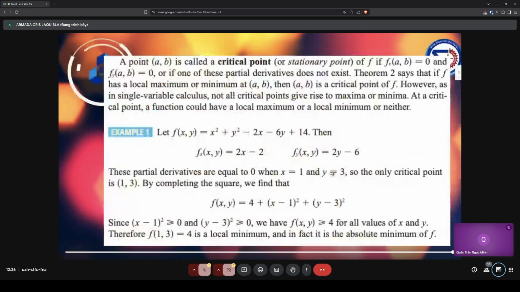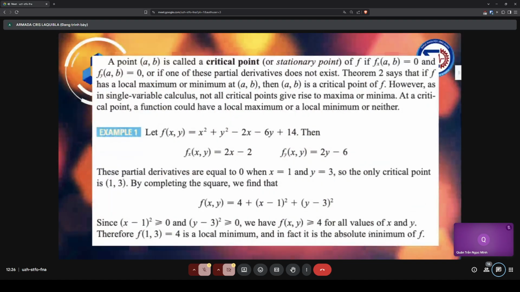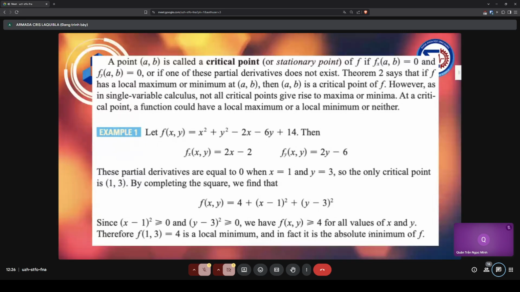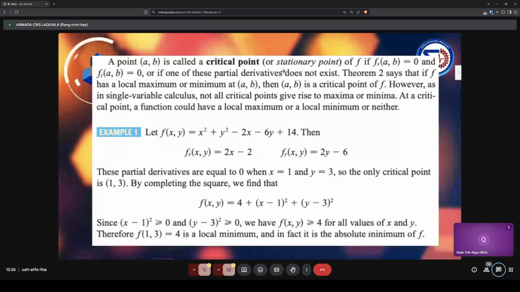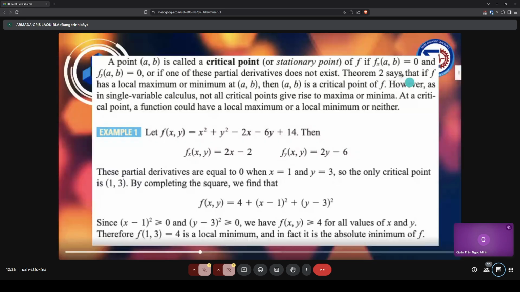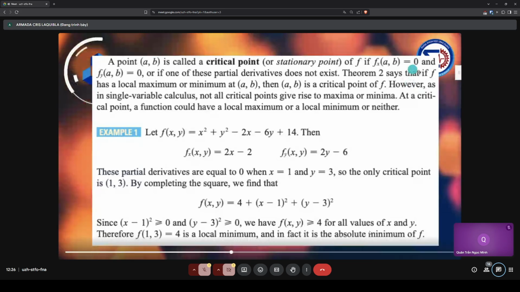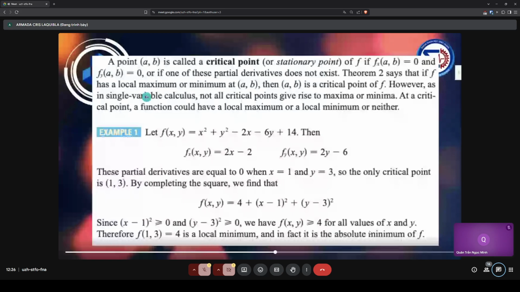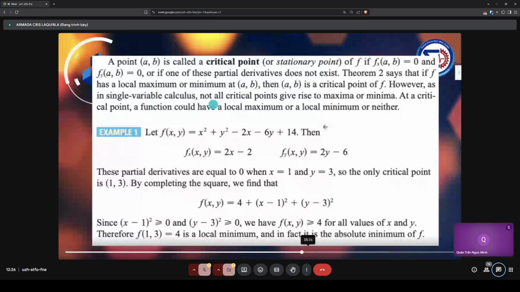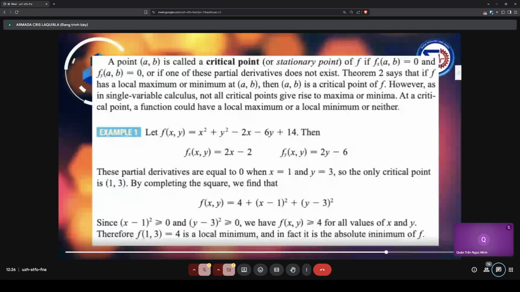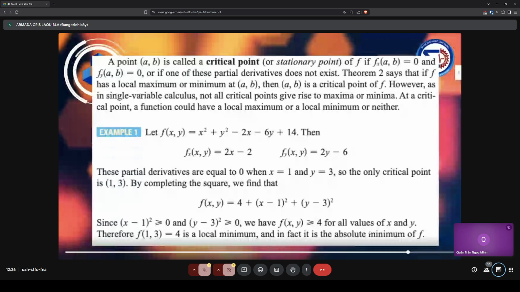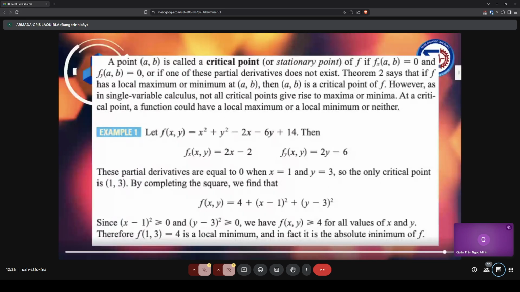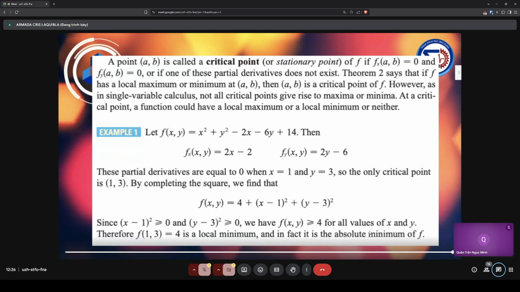Next, a point a, b is called a critical point, or stationary point, of f if fx of a, b is equal to 0 and fy of a, b is equal to 0. That is what you call a critical point. It's located at the tip of the surface, something like this.